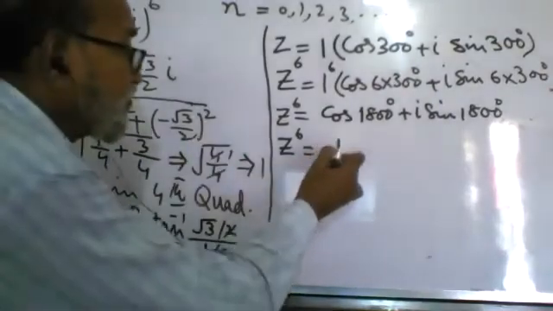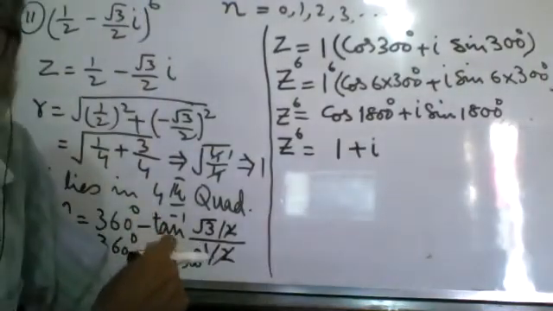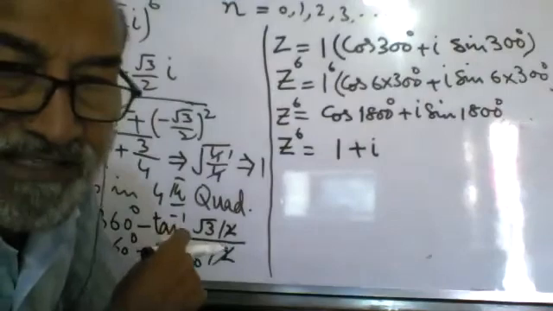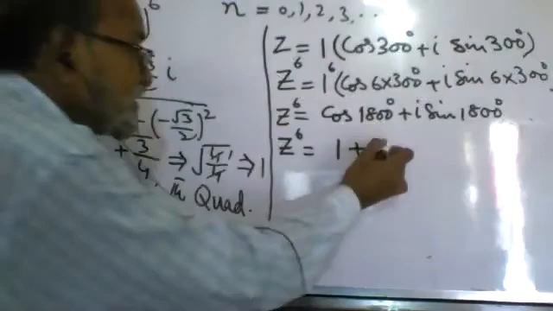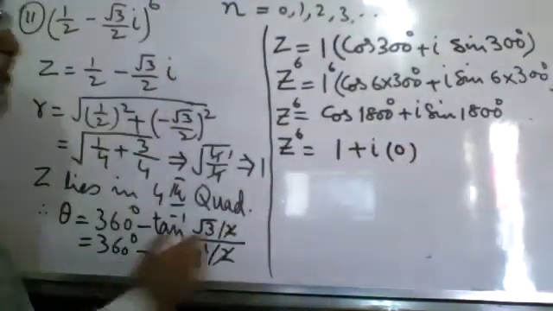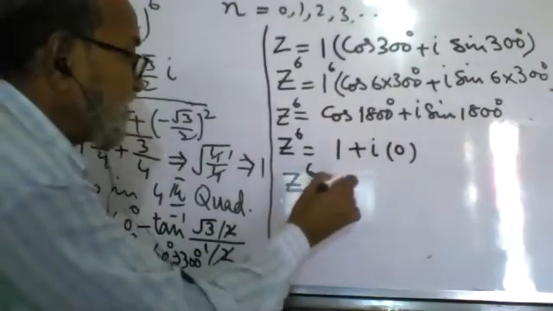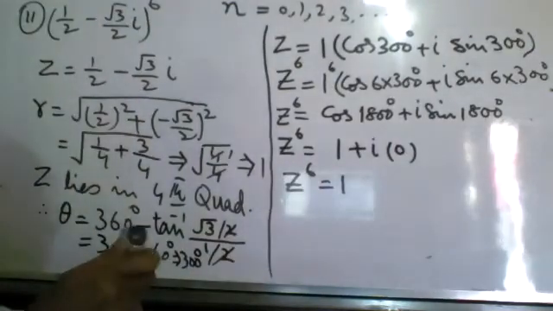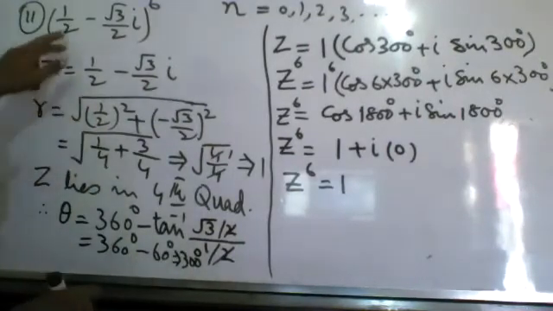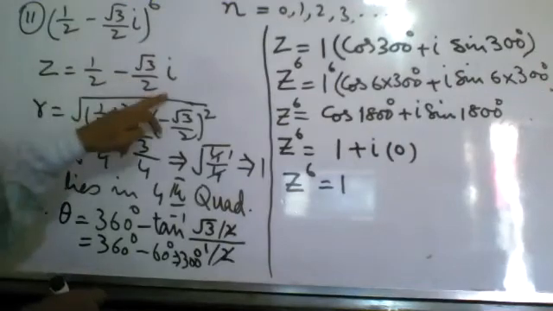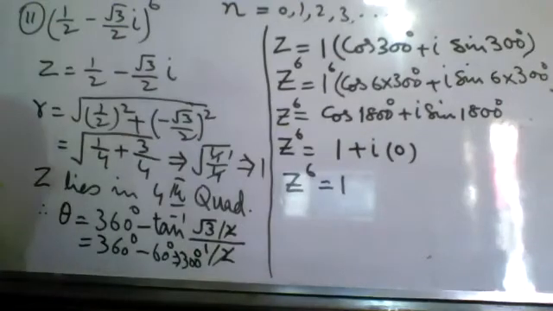It is 1 plus i sin 1800 degrees. This is 0. Anusha, good. So the final answer: Z raised to power 6 will become 1 only. If Z is 1/2 minus √3/2 i, then Z raised to power 6 will become 1. This is the final answer.